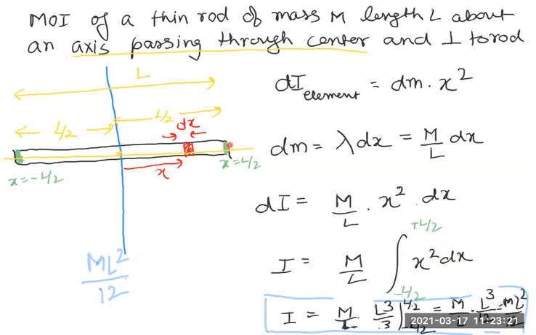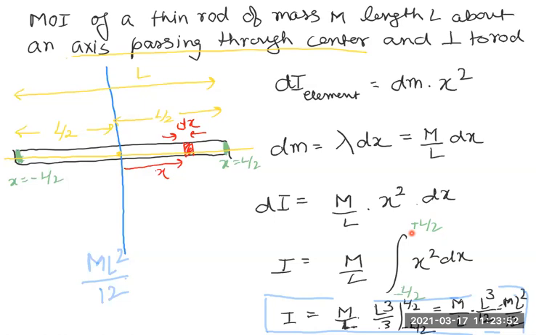What you could do is, you could take the element from here to here. So you could do from 0 to L by 2. Okay, you could do from 0 to L by 2. You can change these limits here to 0 to L by 2. But then whatever answer comes, you have to multiply that answer by 2.